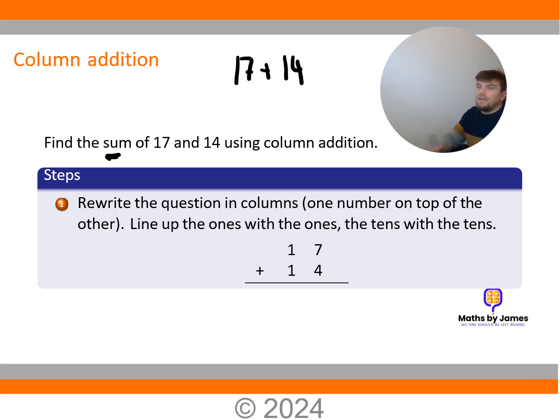The sum is the addition of these numbers. So what we do is we rewrite our questions in columns, one number on top of the other. We line the ones with the ones, and then we line the tens with the tens. And this is really important as we go through the process.